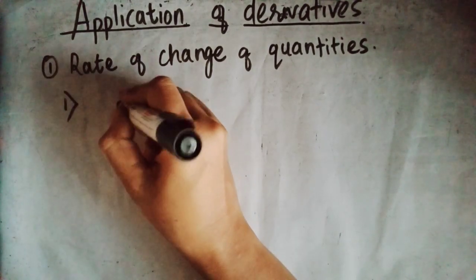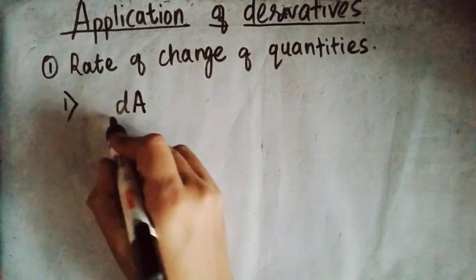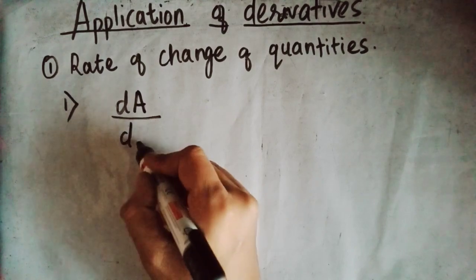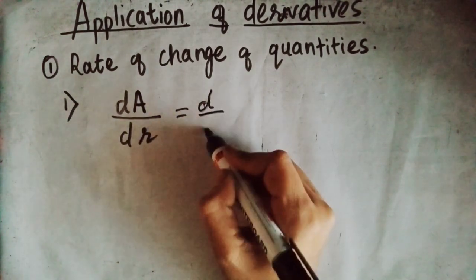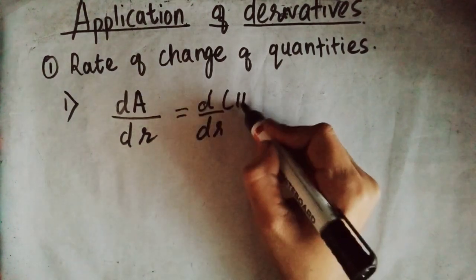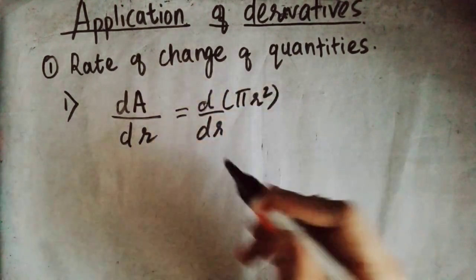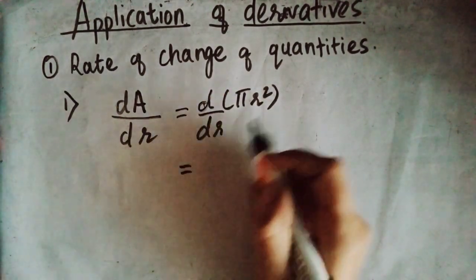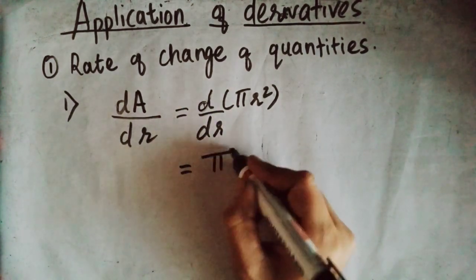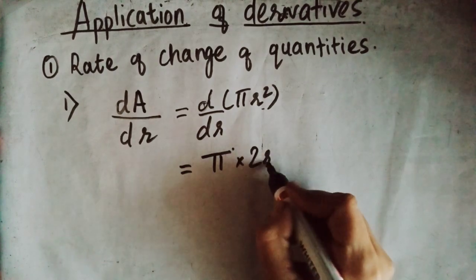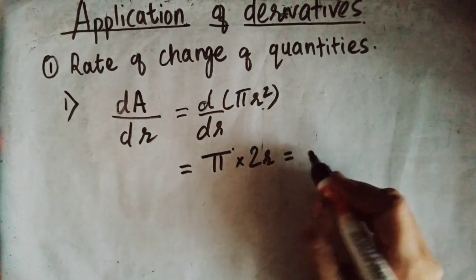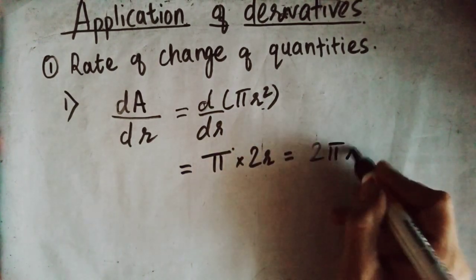What is the area of a circle? It's pi r square, right? So you have to differentiate with respect to r. Pi you can keep outside. Derivative of r square will be 2r. So it is 2 pi r.